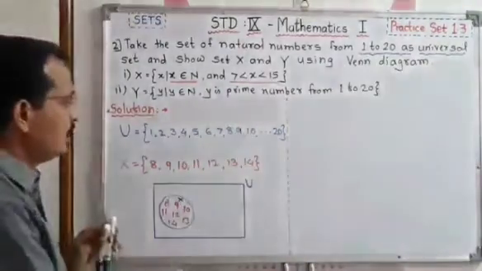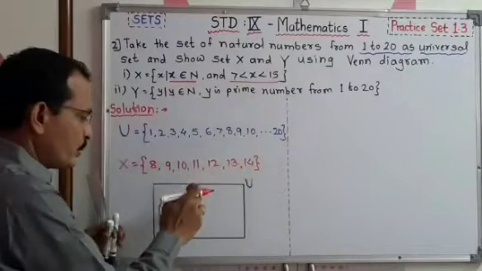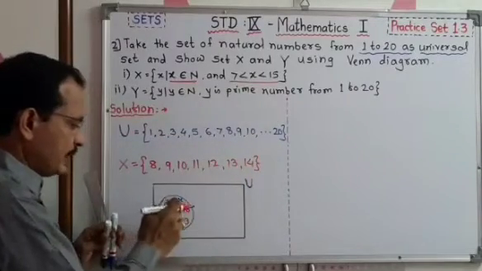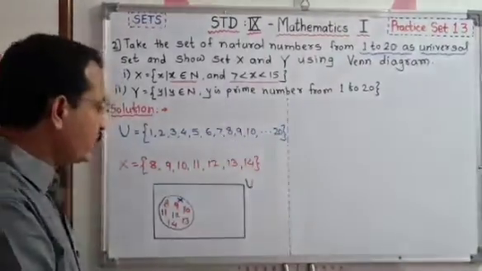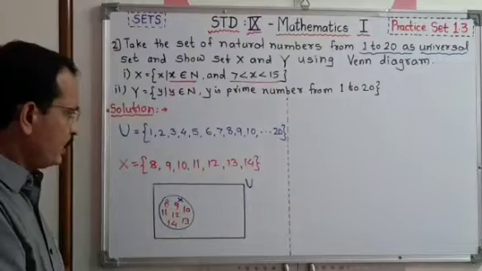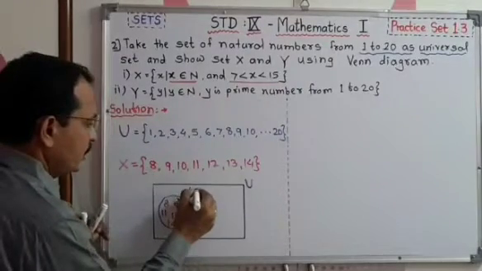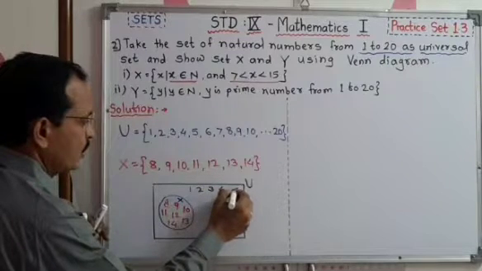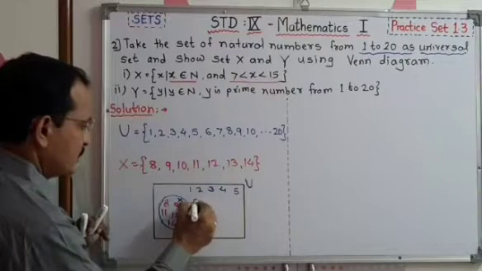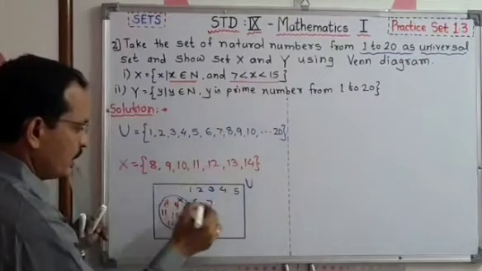Now all the elements from set U we have to write here. But these 8, 9, 10, 11, 12, 13, 14, we do not have to write in U. Therefore, see the elements. First we write 1, then 2, then 3, 4, 5, 6, 7. 8 is already written here.